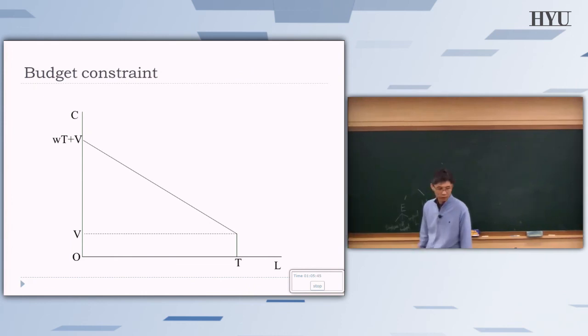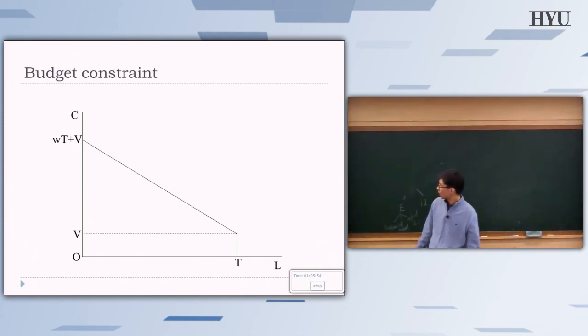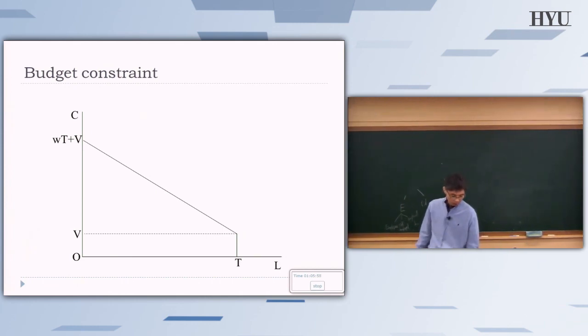And then we have a bunch of points in the middle. Got that? So what is this line? We call it the budget line.